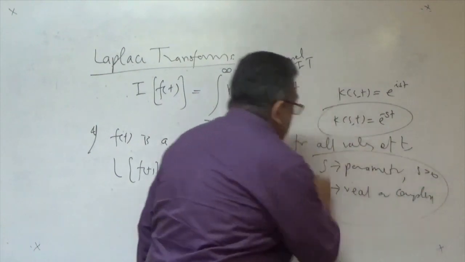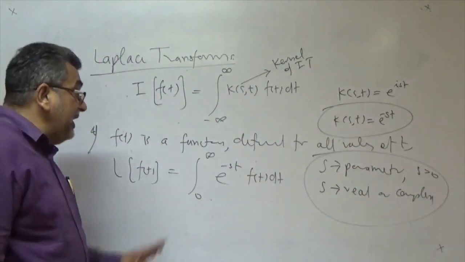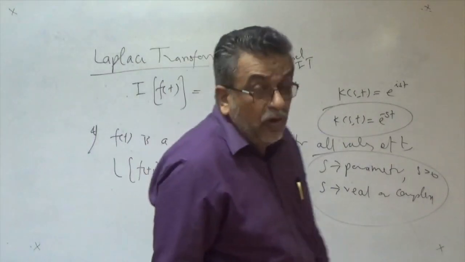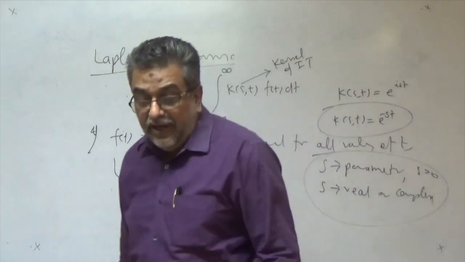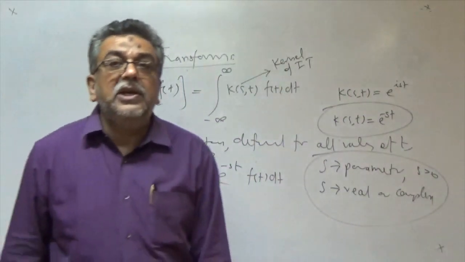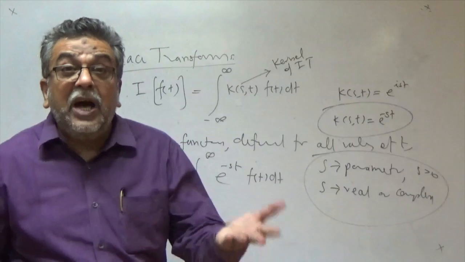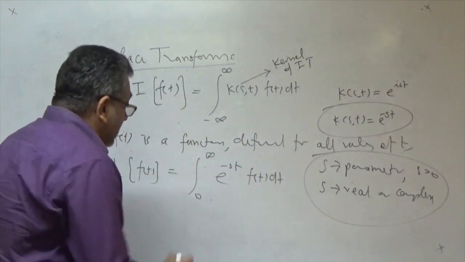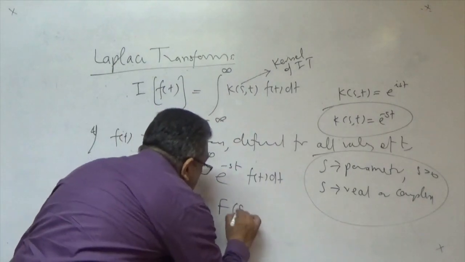If this right hand side is a definite integral between constant limits 0 to infinity, then after integrating with respect to t and substituting the upper and lower limits, you will get a function of s, and we denote this function as capital F(s).